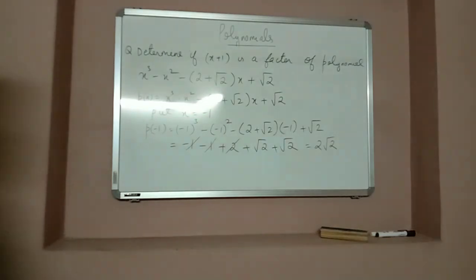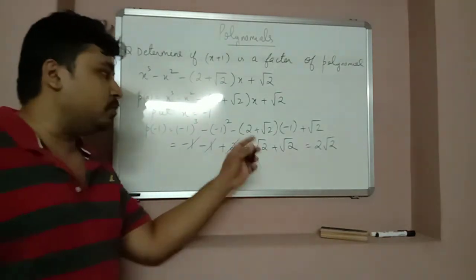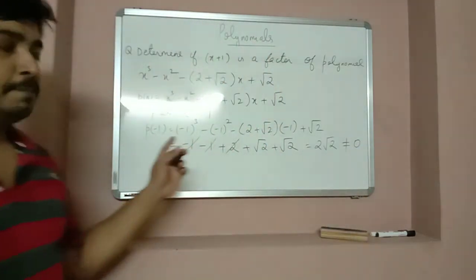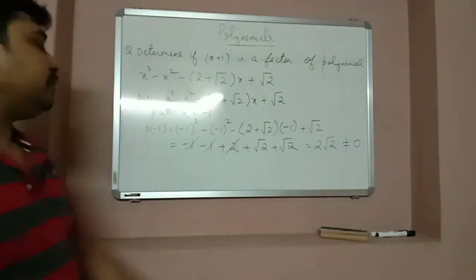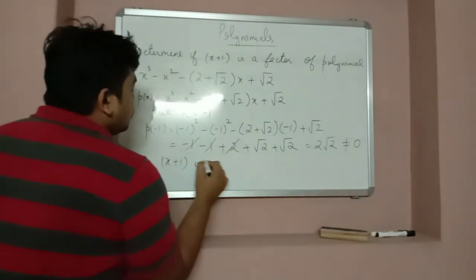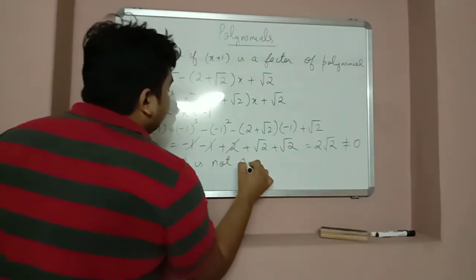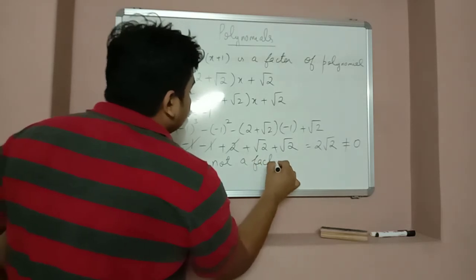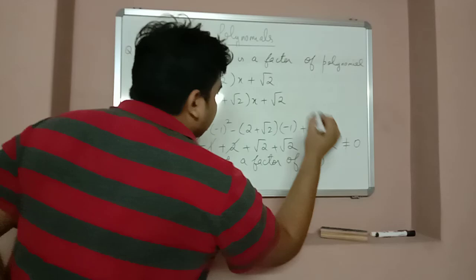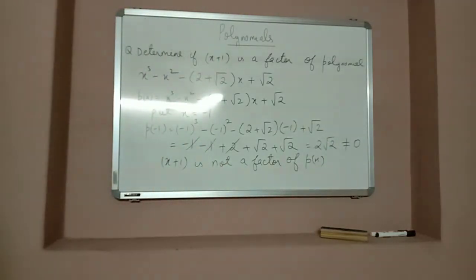Now 2 root 2 is not equal to 0. Since this p of minus 1 is not equal to 0, I will say that x plus 1 is not a factor of p of x. You may note down the content by pausing the video.